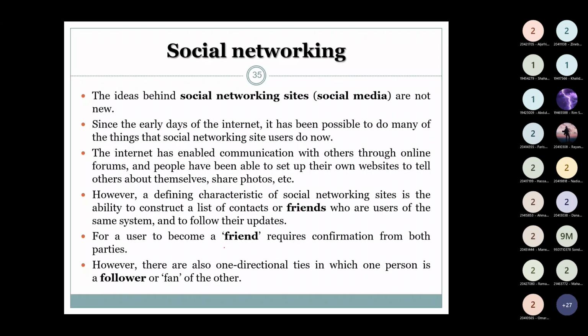This is what is new. You can have a list of contacts or friends that will follow you, that will comment on your photographs, images, and your posts. For a user to become a friend requires confirmation from both parties. However, there are also one-directional ties in which one person is a follower or a fan of the other.